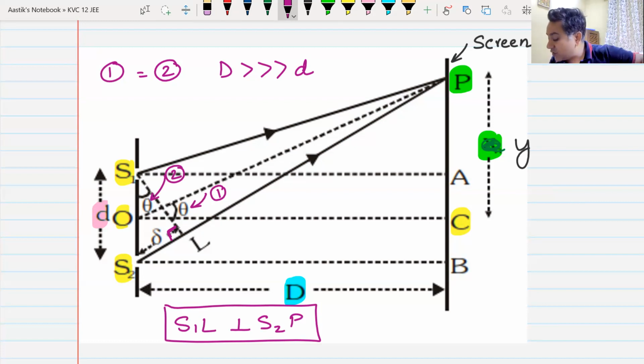These are the important points that you must remember. I'll give you 2 minutes to note down this point. I've highlighted what you have to remember. If you can remember these things, well, congratulations, you are done with your Young's double slit experiment.